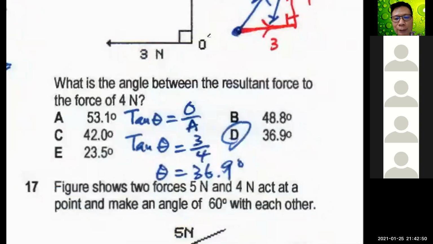Even in the SPM they ask you to draw. Use the triangle method to find the answer. Anyone can get the answer. If you draw the triangle properly, you will get the answer very easily.